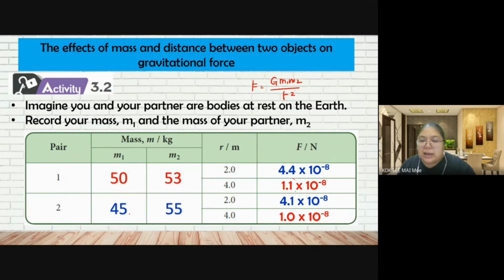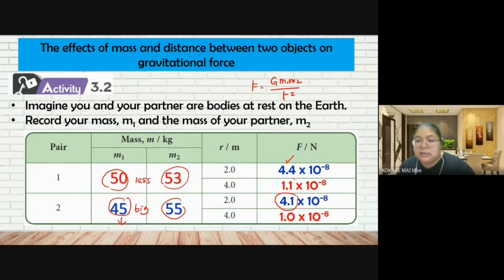So from here, I can conclude that if the mass difference is less, the reading is less. You see the mass, both are high, the reading is quite higher. If the masses are 45 and 55, because these are low masses, you can find the gravitational force will drop a bit.